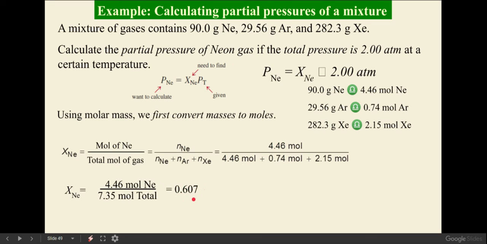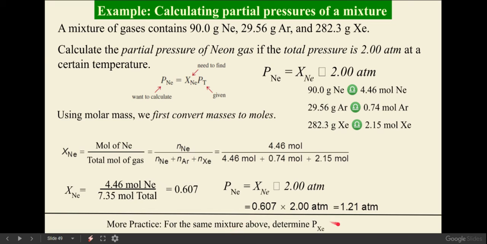So effectively, in terms of the number of molecules, it is 61% neon. So if 61% of the gas is neon, then 61% of the total pressure is from neon. So the partial pressure of neon is 1.2 atmospheres. You can try that for xenon and argon if you like.